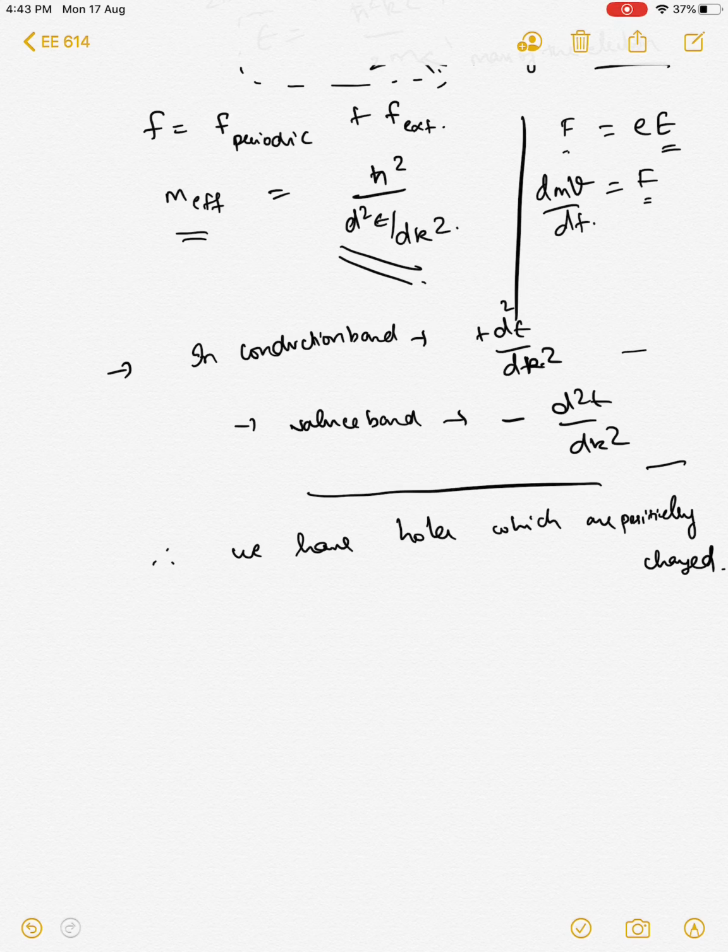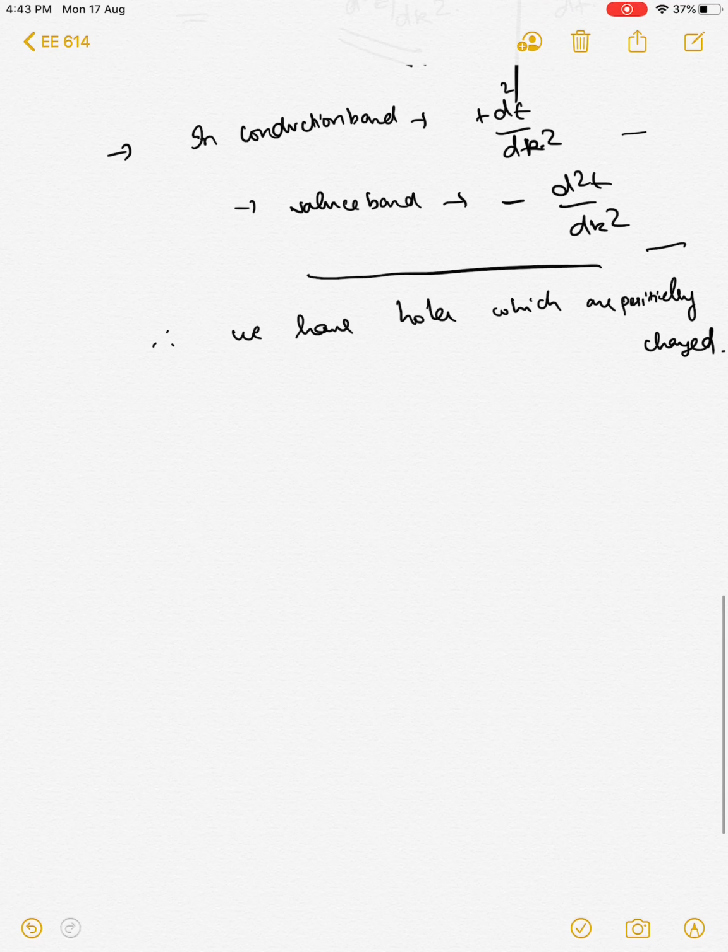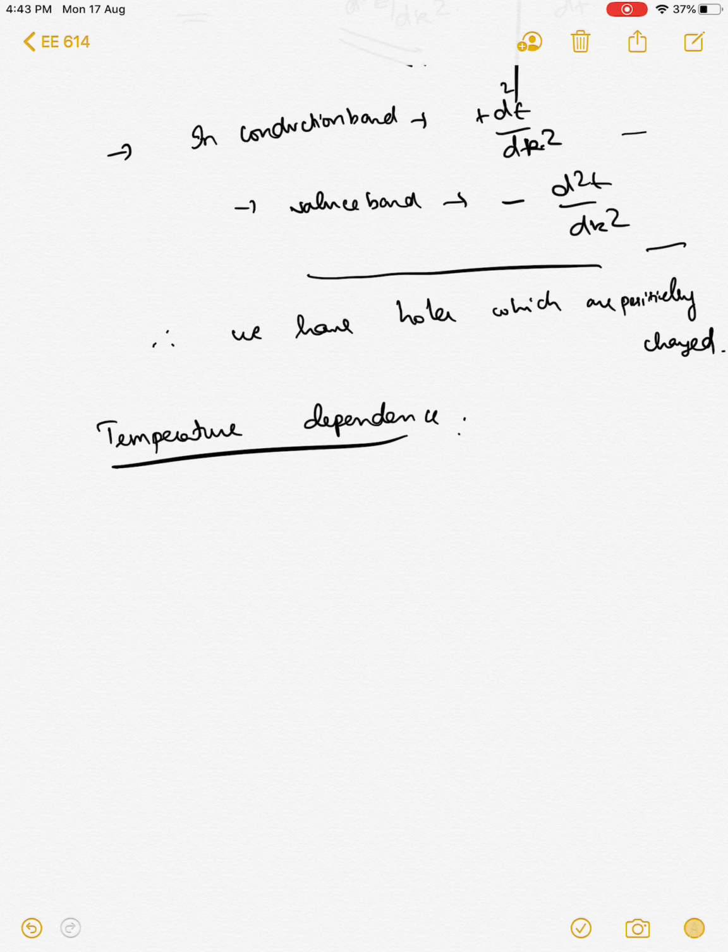With this brief and important introduction of holes, we will leave the topic of holes for now. We will come back to it when we actually deal with holes in depth. We will treat one final aspect of the band gap, which is its temperature dependence. In addition to the fact that the population of electrons depends on temperature, because till now we have spoken only about the population at 0 Kelvin, where the valence band is completely filled and the conduction band is empty.